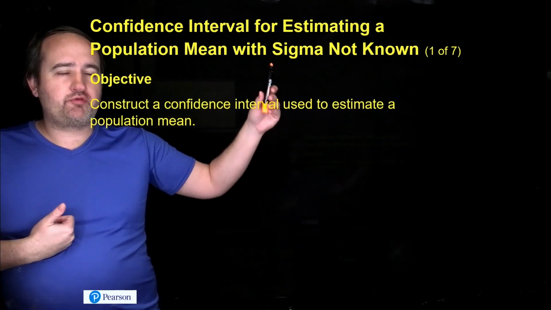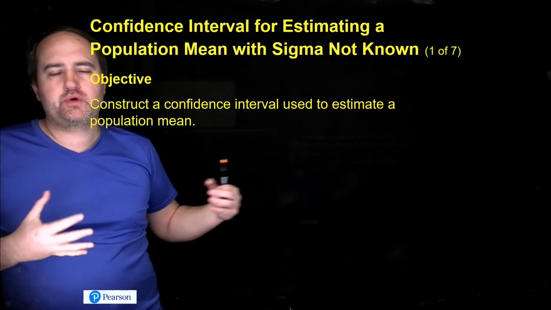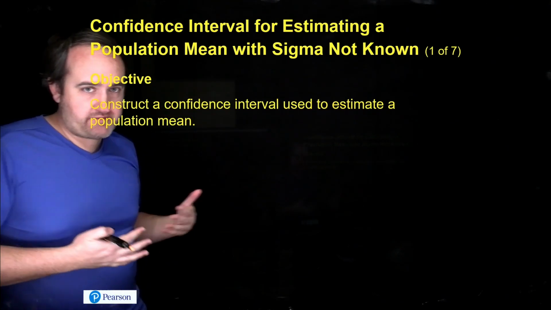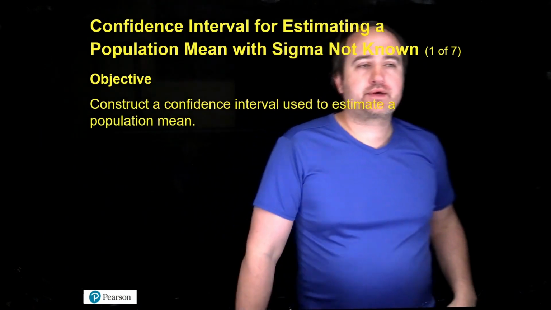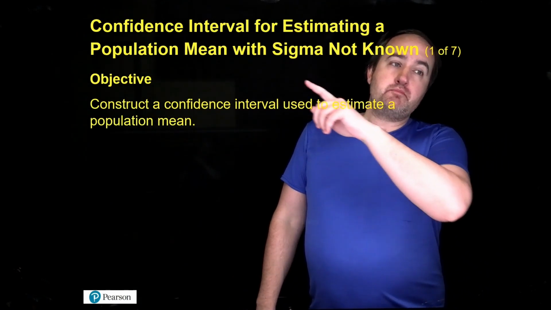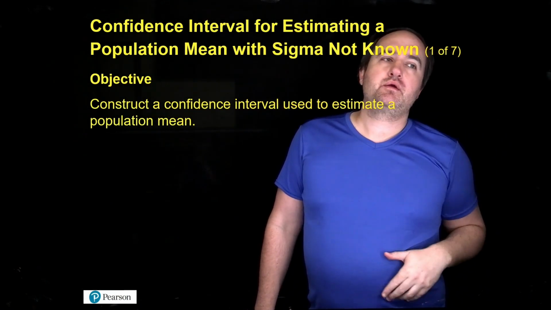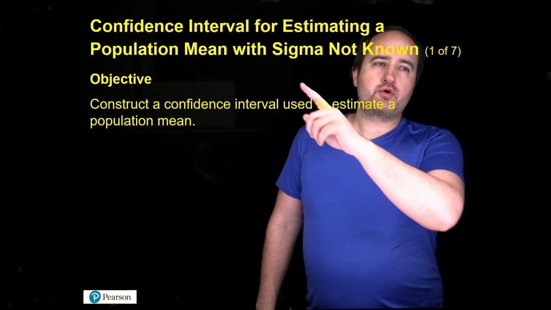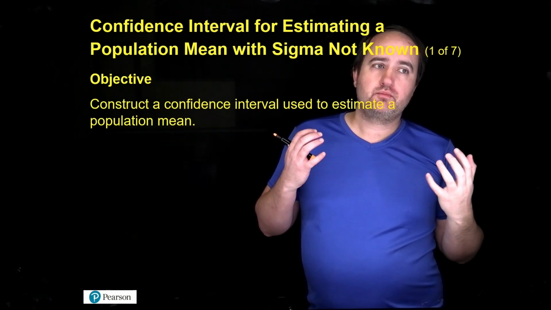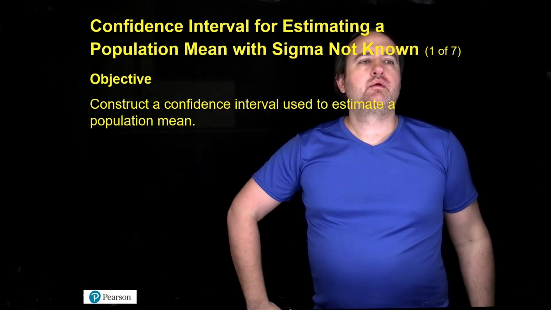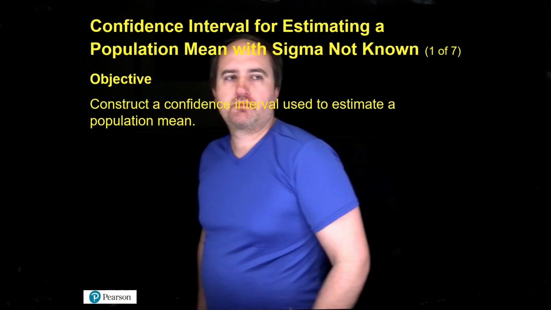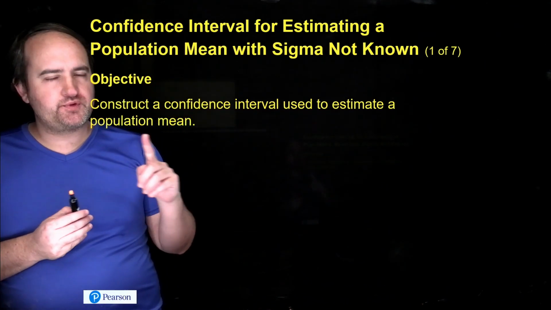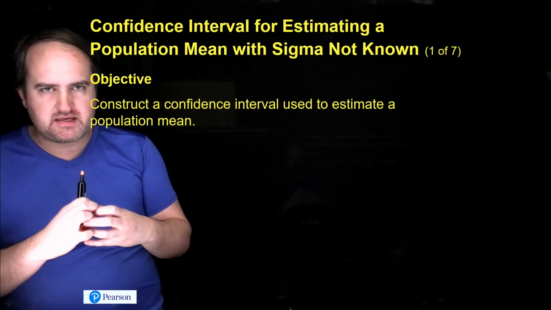And the reason we're focusing on that for our homework, quizzes and exam is that in the real world, if you ever have to do statistics, like a study, in most cases, sigma is not known. It's a very rare case where sigma is known. So we're focusing on the most practical type of confidence interval. So we're trying to estimate a population mean when we just have this little sample.